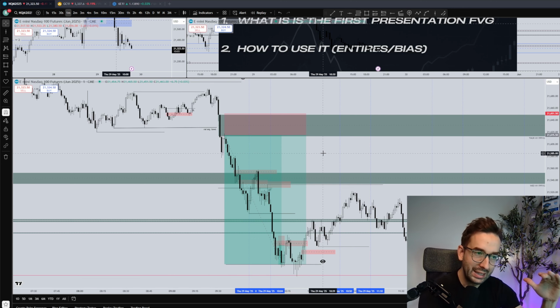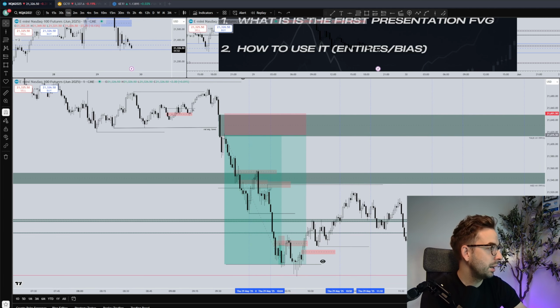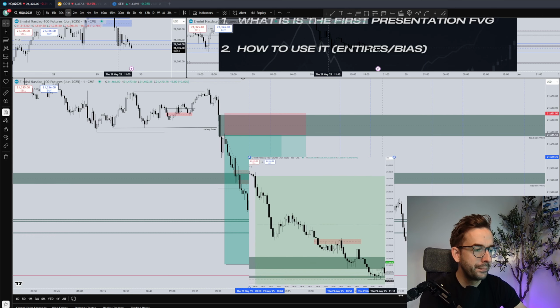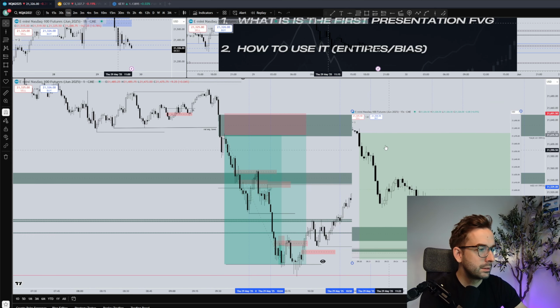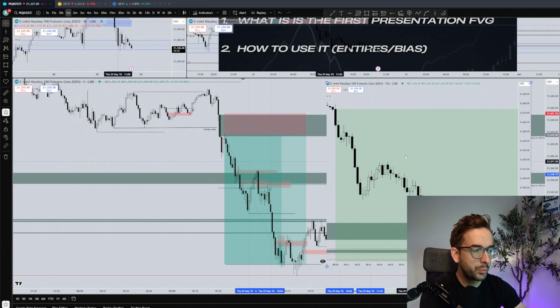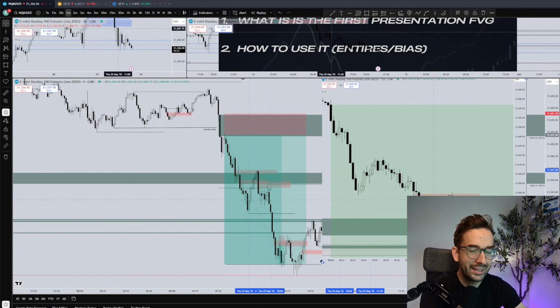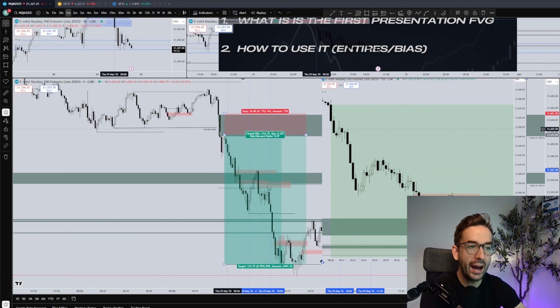Option two, which is a less aggressive version of it, is, and let me copy the 15-second chart into this view that we have here. Okay, so the second approach here is getting in on the next fair value gap that's formed on the 15-second chart after the rejection of this first presentation fair value gap.